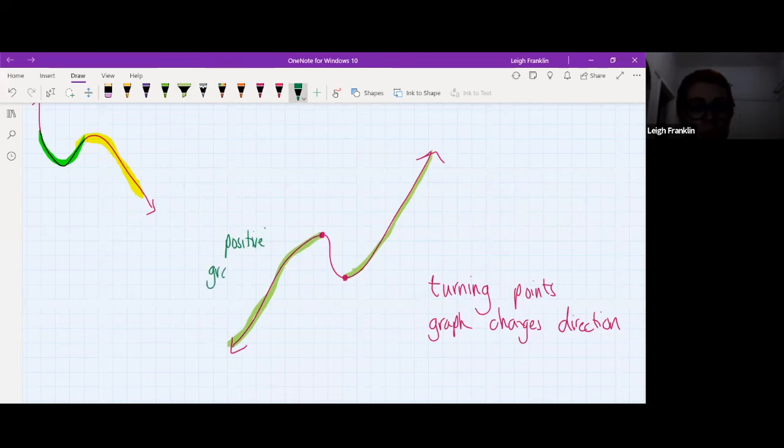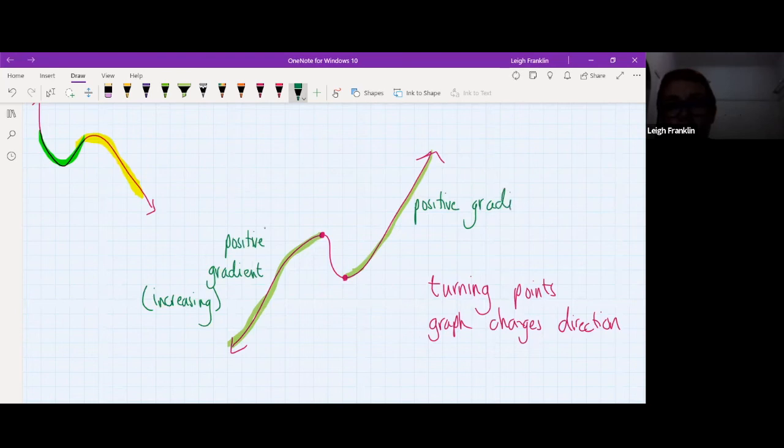In other words, when we say a positive gradient, it is increasing. So we are basically walking uphill. We've got a positive gradient. We are walking uphill. There's an increasing function where I've colored it in green.